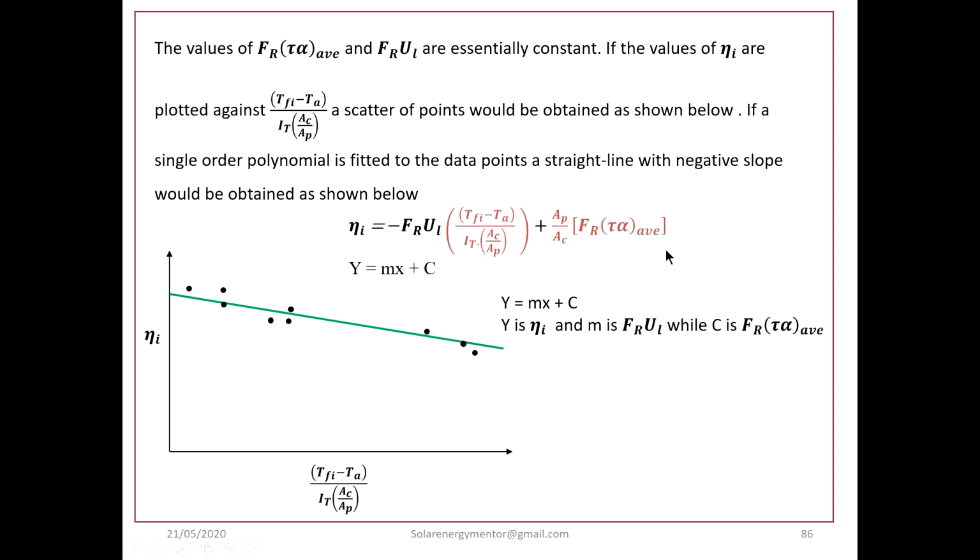In most cases, if AP and AC are separately given, then you can use AP upon AC. In the absence of separate mention of AP and AC, you can take AP equal to AC, so AP upon AC becomes 1, and in that case C becomes FR tau alpha average.